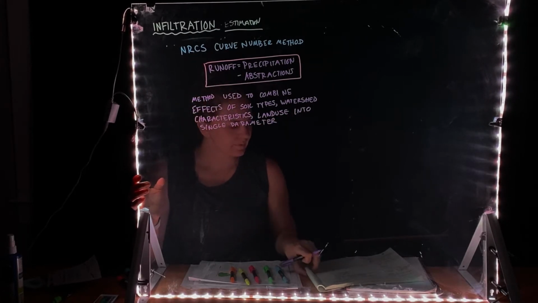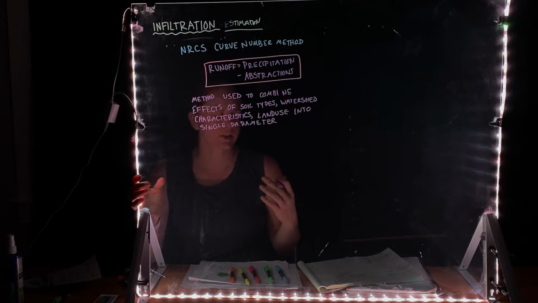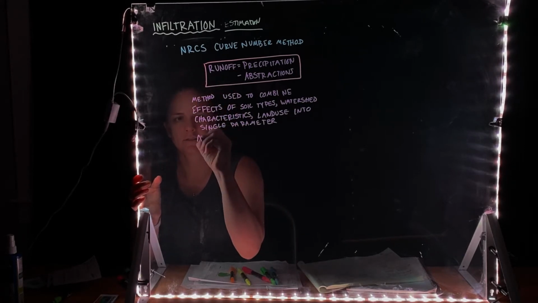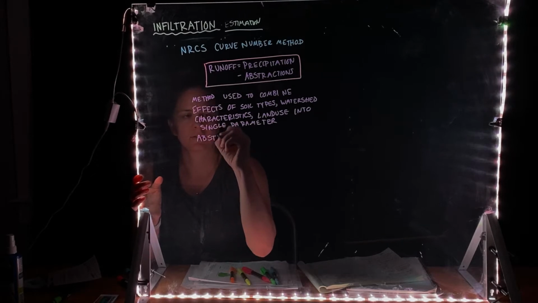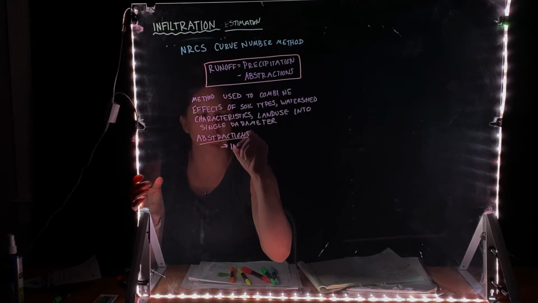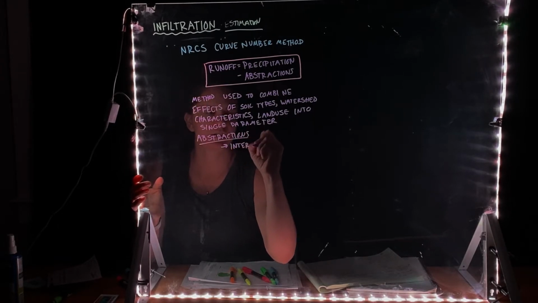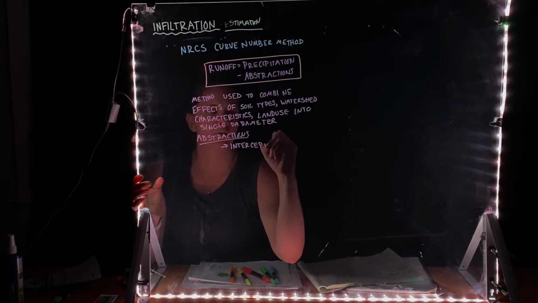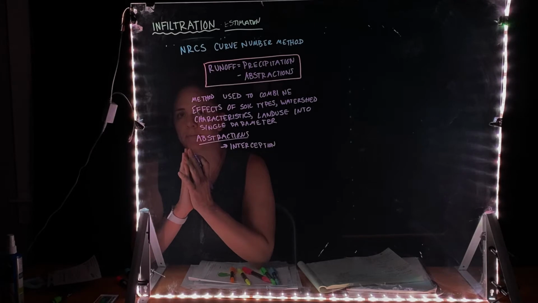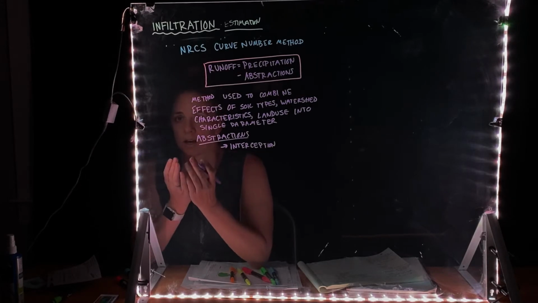Okay, and when we talk about abstractions, what they are including in this description is interception. And interception is when rainfall lands on, for example, foliage or leaves.